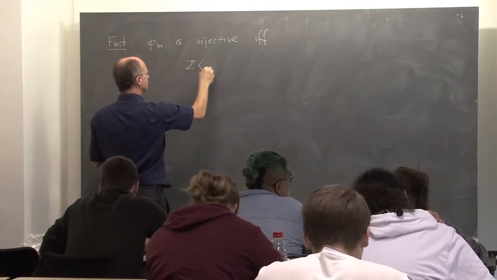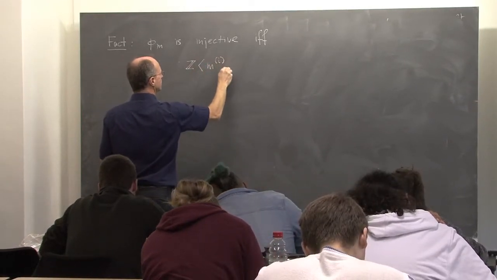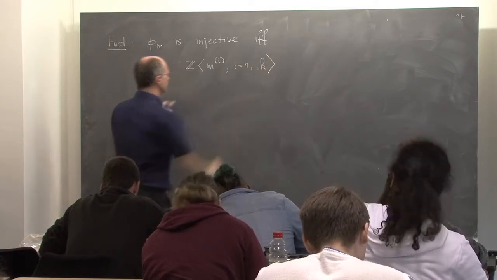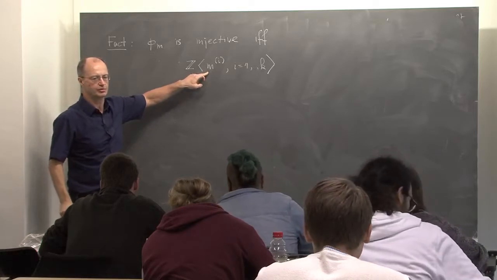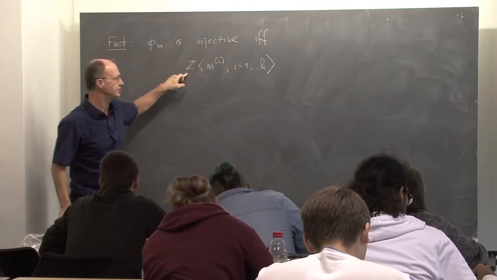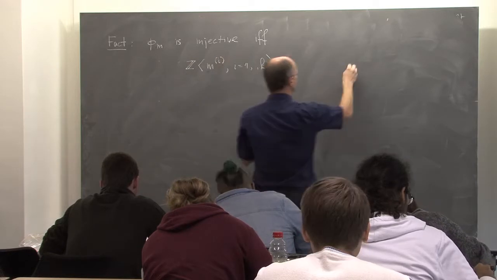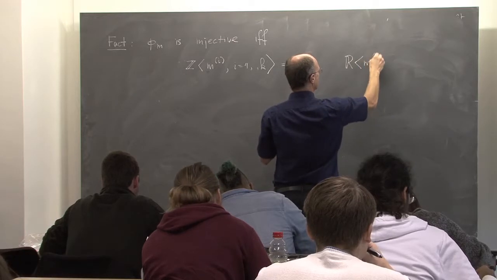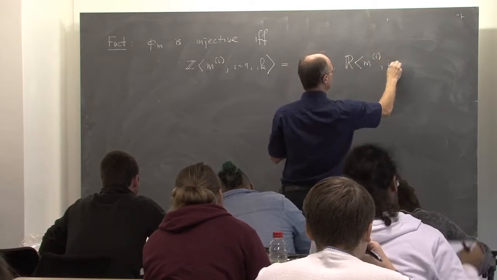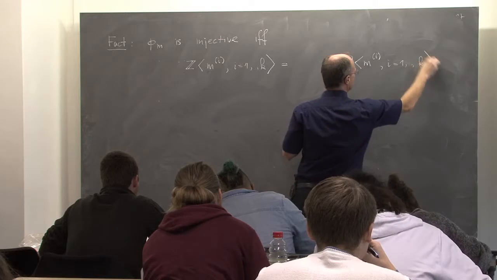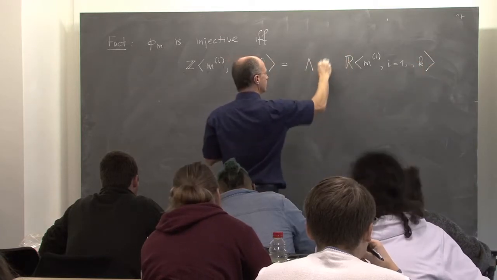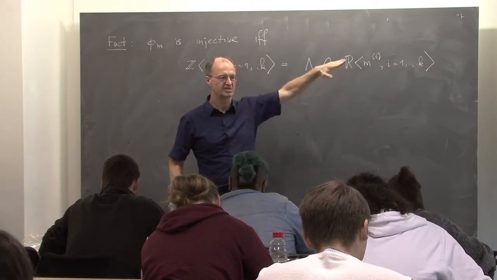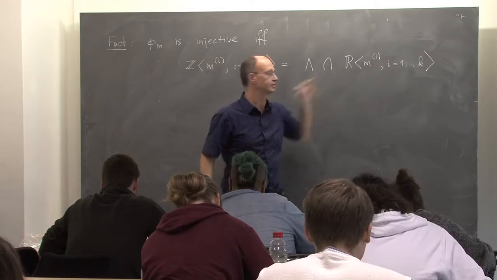So we can take the set of linear combinations of those vectors with integral coefficients, and we can compare it to the set of integral points in the corresponding vector subspace spanned by these vectors.